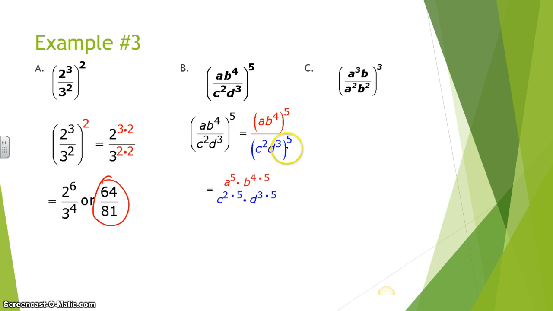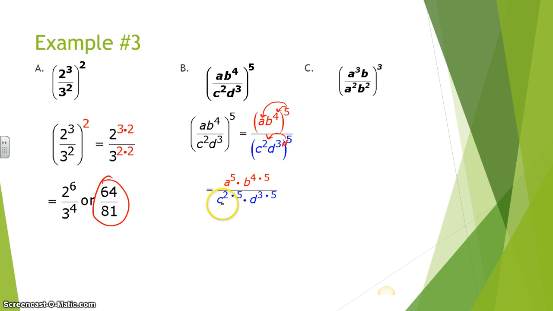And what we have to do is this fifth power here gets distributed to the a and to b to the fourth, along with the bottom c to the second, d to the third. This fifth exponent gets distributed to the bottom as well. So what I have is a to the fifth times b to the 4 times 5.